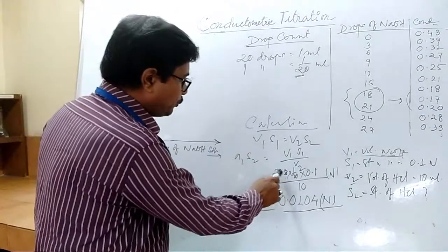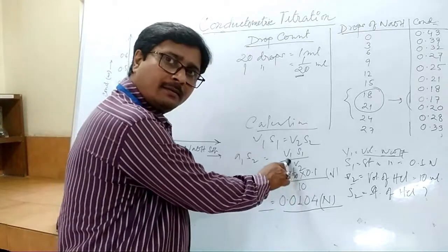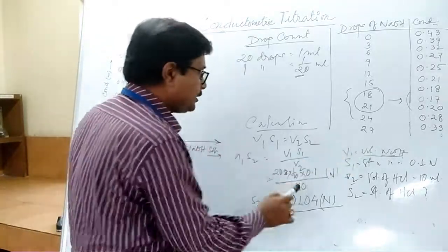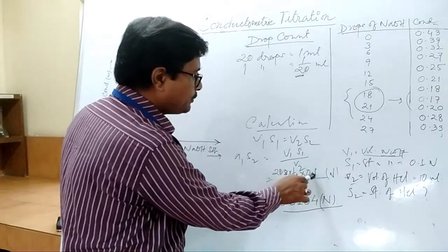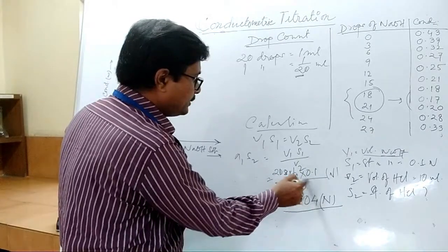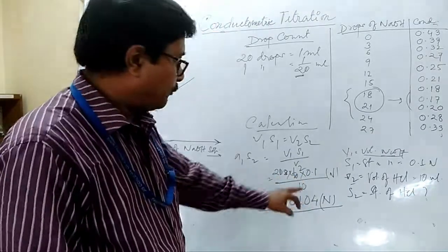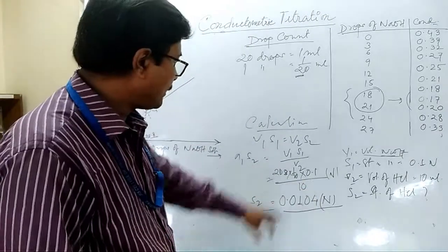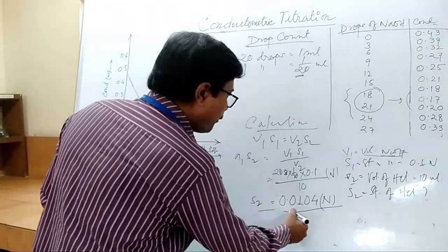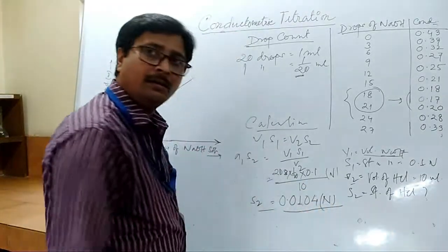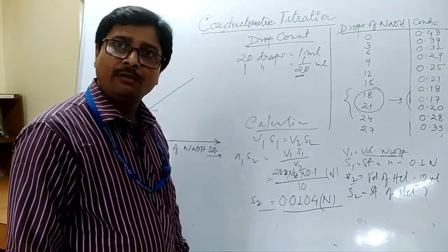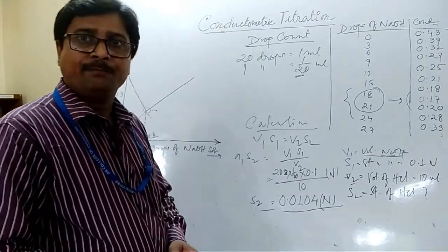So 20.8 into 1 by 20 is V1, the volume of NaOH. Then this is the strength of NaOH, 0.1, and this is the volume of HCl. After calculation, we will get 0.014 normal. That is the strength of the unknown HCl.